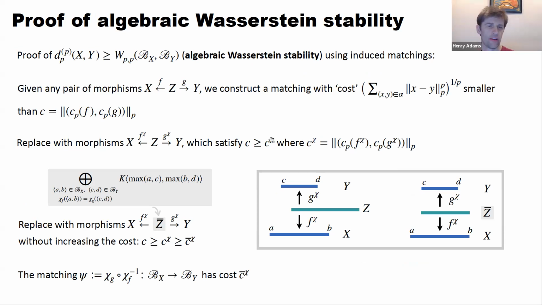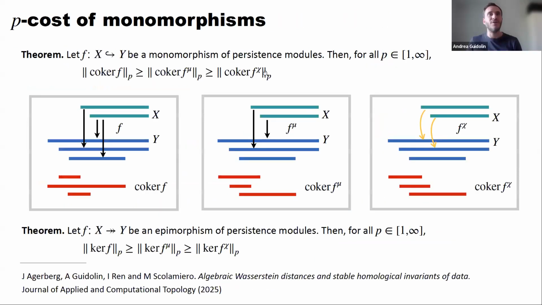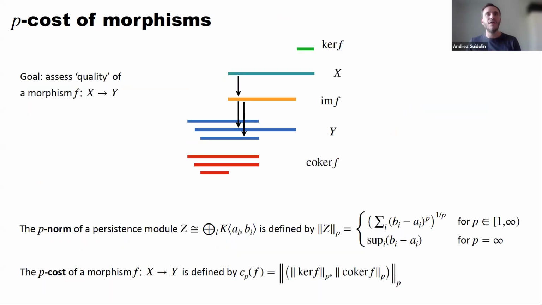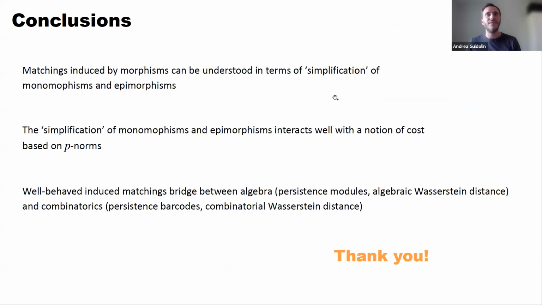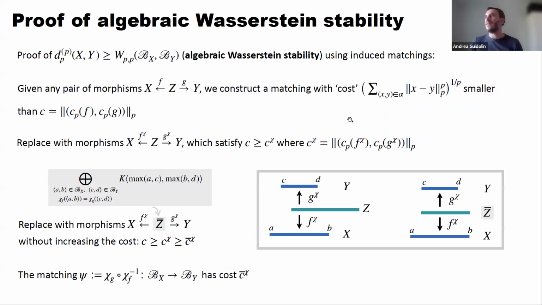So in our case, this is a consequence of these theorems, which study the interaction of the p-norm with monomorphisms and epimorphisms, and with these simplifications in terms of matchings. In their case, they have a strategy that is more related to an interpolation definition that is closer to an interpolation strategy.